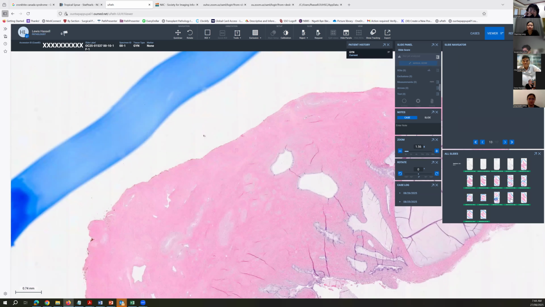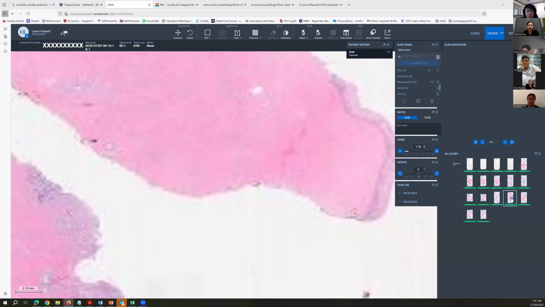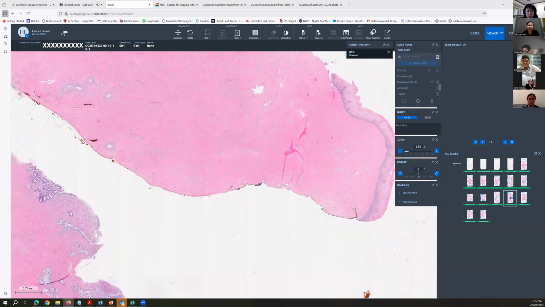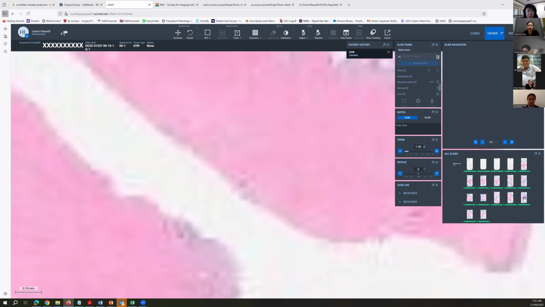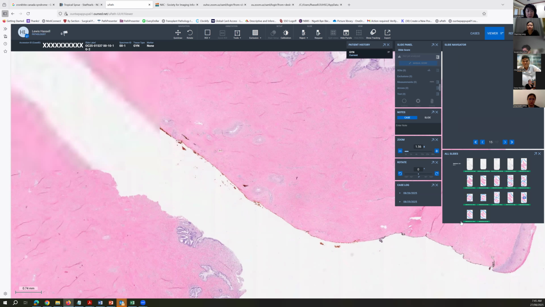I did use the highlight tool, so I can see which slides have annotations on them to find that area again.